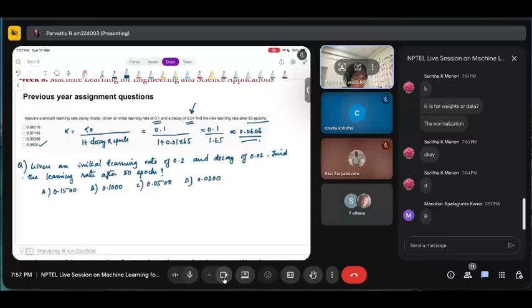Yeah, so it is again a direct application of the formula. It is 0.1006.